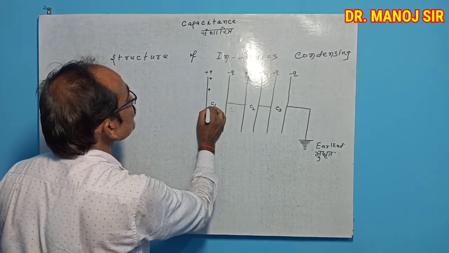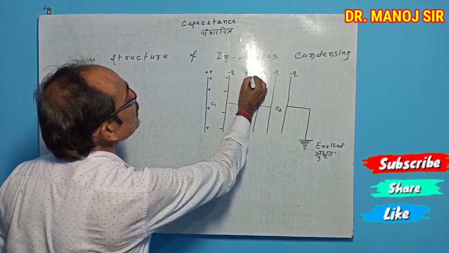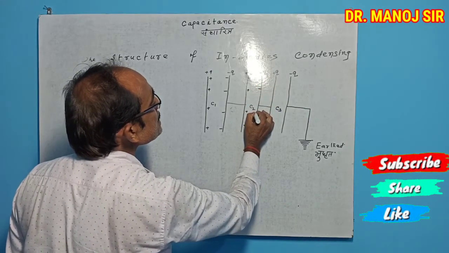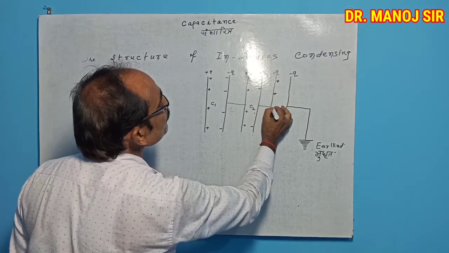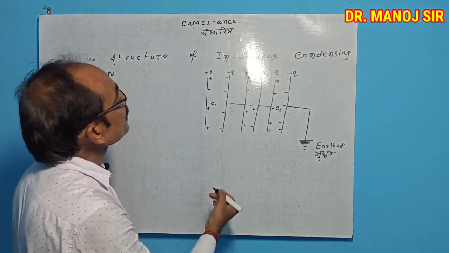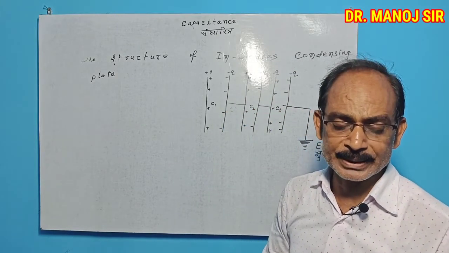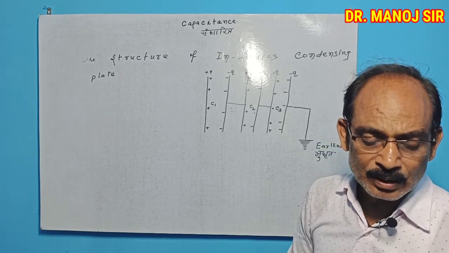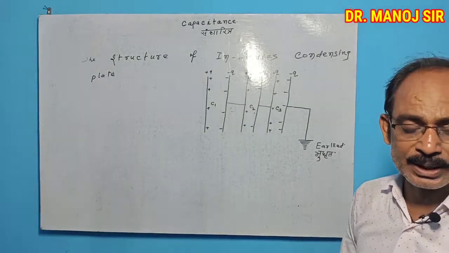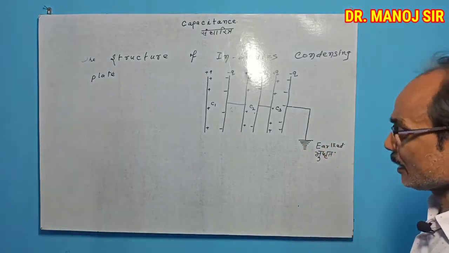The first end is charged by positive and the second by negative charge, similarly in all the condensing plates. In a series combination, the charge is common, but the potential differences across the capacitors differ.